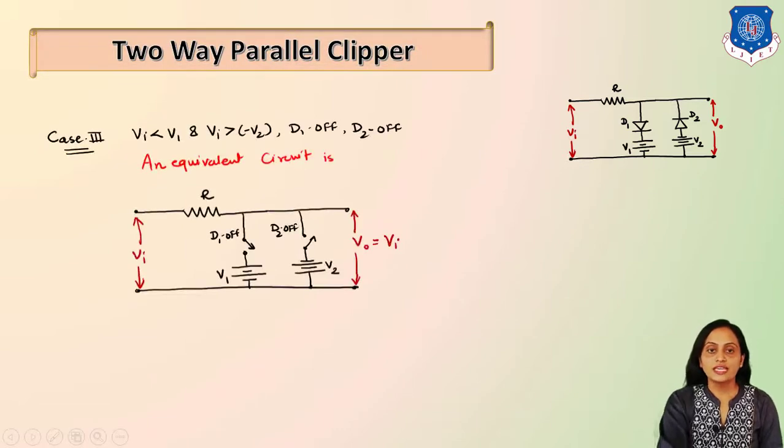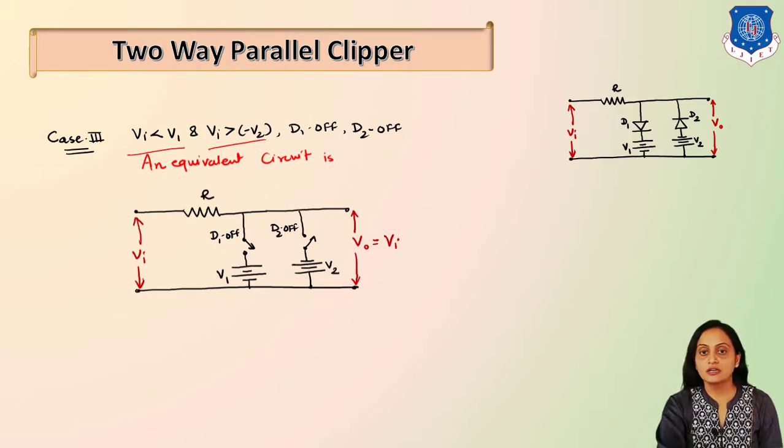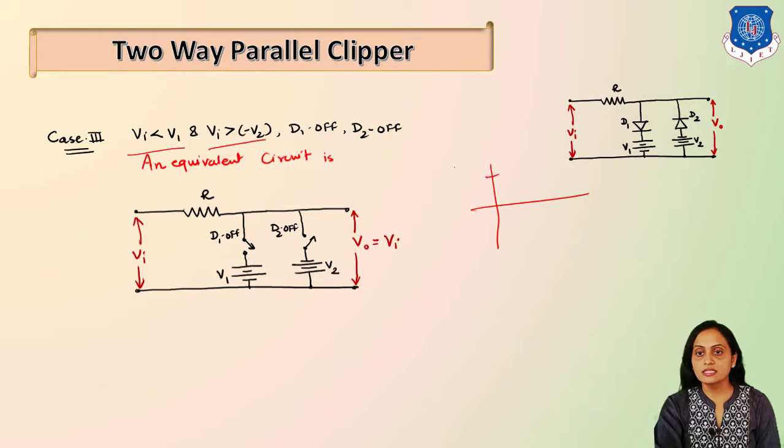So now case 3, where we are considering that the input is less than V1 and greater than minus V2. So what happens during this voltage range? For example, if I have an input voltage range like this, this is V1 and this is minus V2. So for this particular range, what happens?